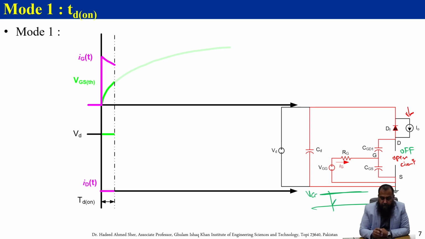During the first mode, we have the gating current. As you can see here, this gating current shall have an instantaneous change in the system, because the capacitances do not oppose any change in the current, and therefore this gate current immediately rises to a higher value here.